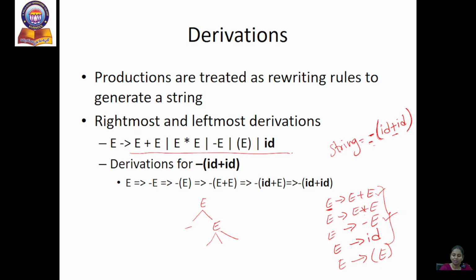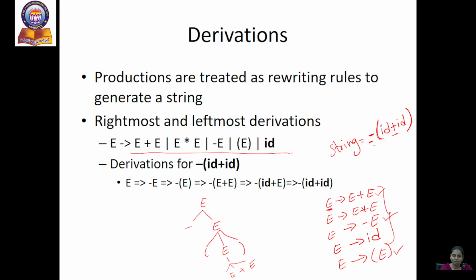This is the production where I can use it: open bracket, E, and the close bracket. Now I got minus, open bracket, and now I should get id plus id. In the place of this E, I can substitute the first one, that is E plus E. Now I got minus, open bracket, and plus.